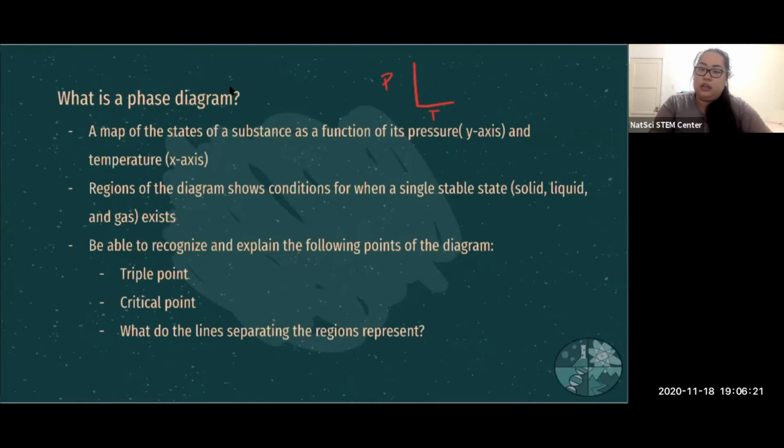So is it a solid, a liquid, or a gas? And there are things that you want to be able to recognize on a diagram. What I mean by recognize is you should be able to identify it on the diagram, like where it is, as well as know what they are: a triple point, a critical point, and what the lines separating the different regions represent.